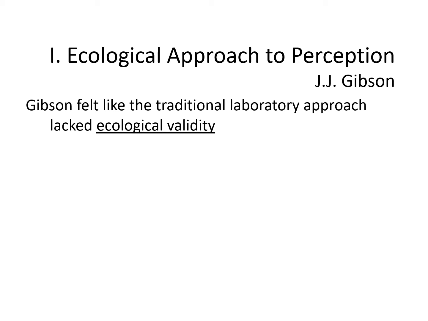For J.J. Gibson, he felt that the traditional laboratory approach to studying perception really lacked ecological validity. So having people perform some task in the laboratory, often with something like a tachistoscope, as this was even before computers were in every laboratory, it just didn't translate to the natural world or to the ecosystem, if you will.